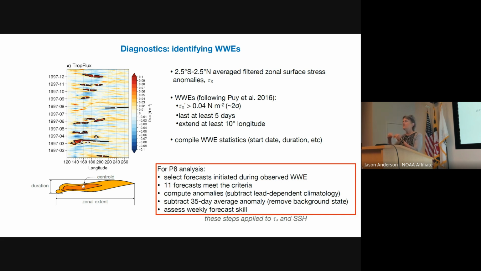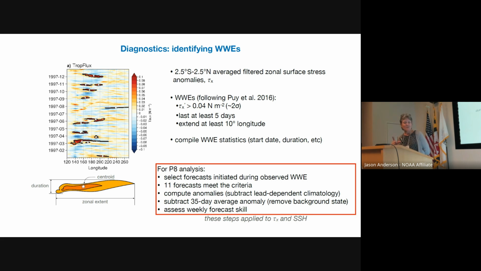This just simplifies the analysis. How well can the model sustain that westerly wind burst? And then how does the ocean respond to it? So 7 years, 168 forecasts. It's a little sad that we only got 11 events, but we're going to go with this.